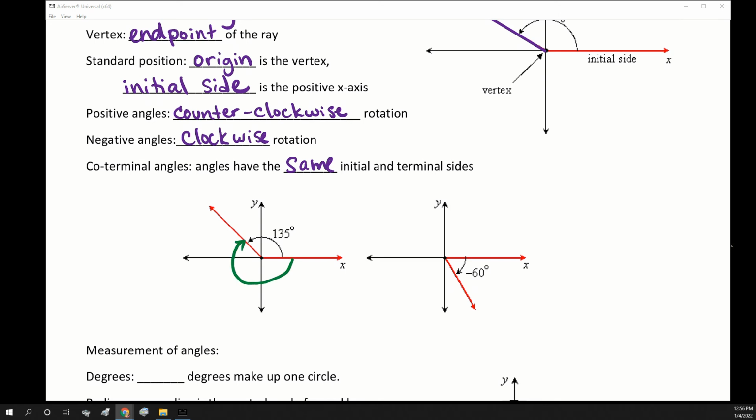It still started at the positive x-axis and ended at the same terminal side, but it's a different angle. Any ideas on what it would be? That angle is negative 225 degrees. To do that, I just took the original angle and subtracted 360 from it, because there are 360 degrees in the angle.